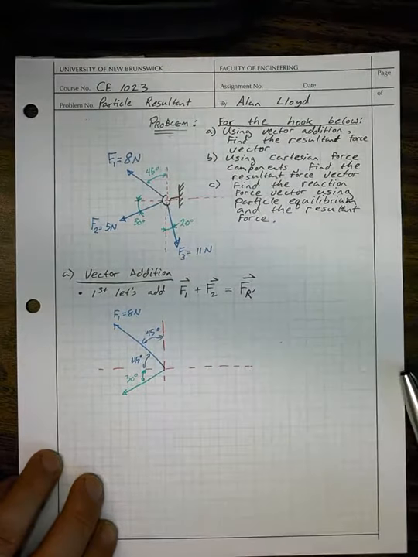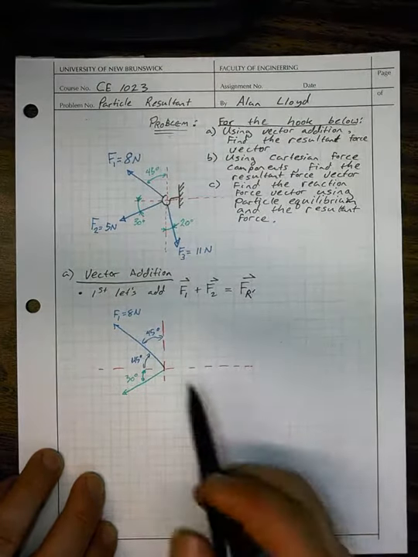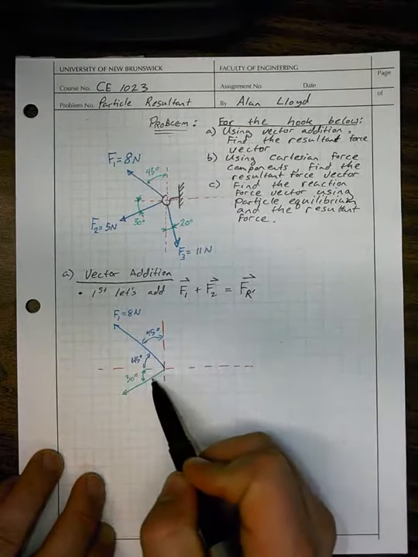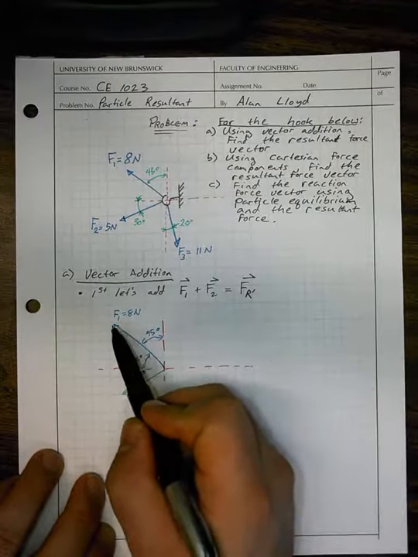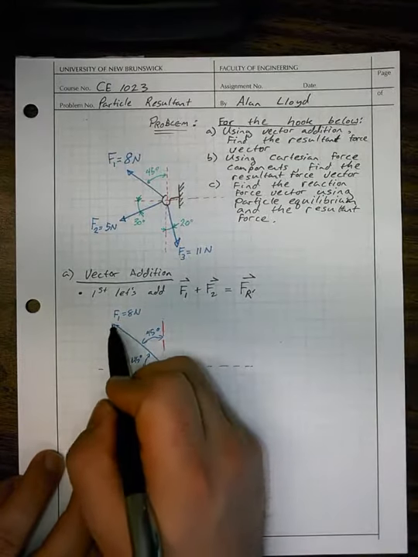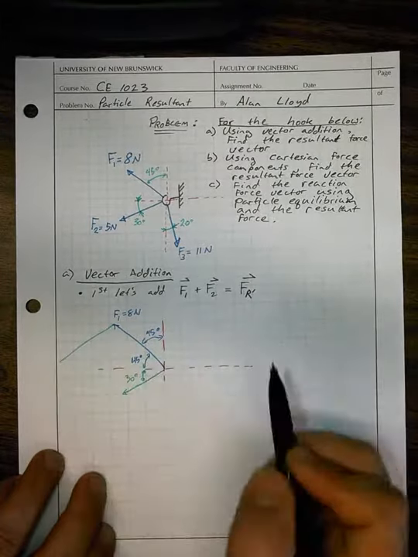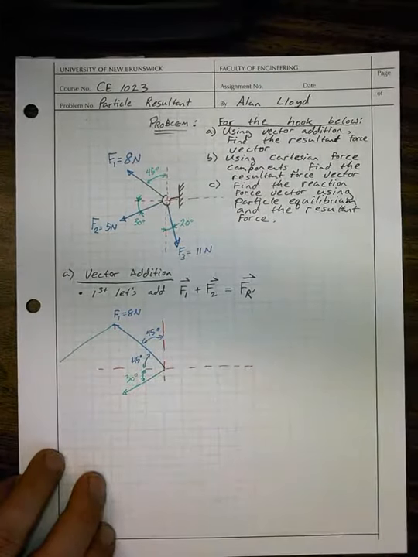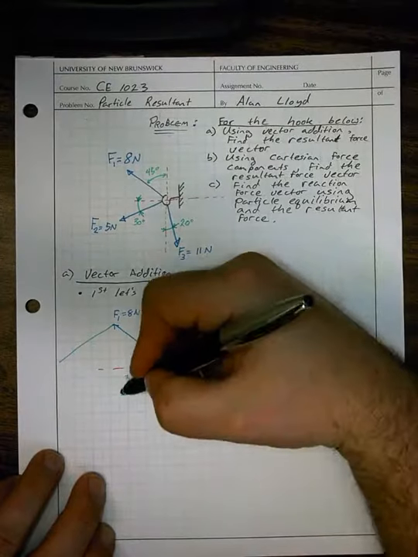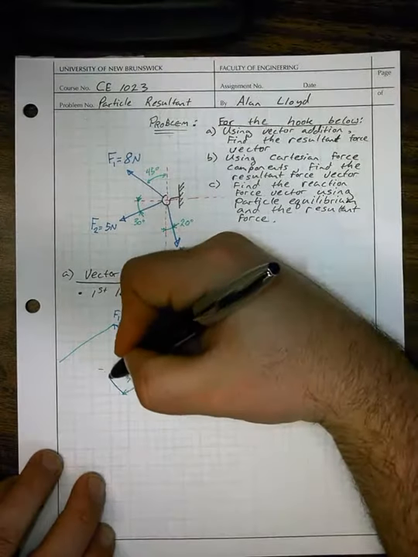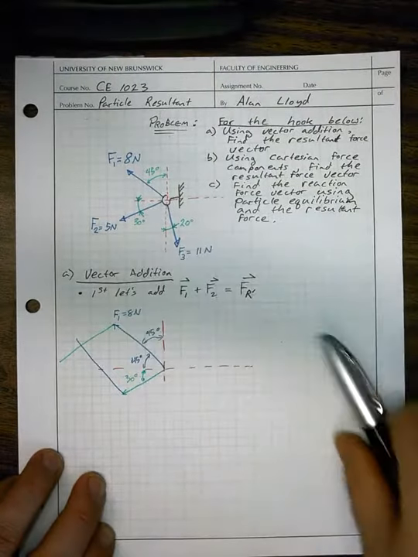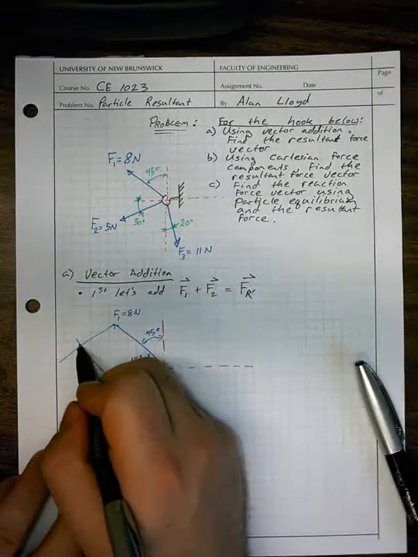Now with the parallelogram rule or law, whatever we call it, we basically are going to draw this vector at the tip of the other vector. So we draw a parallel line to that vector there, and we draw a parallel line to this first vector at the tip of the second vector. And they intersect at a key point here.